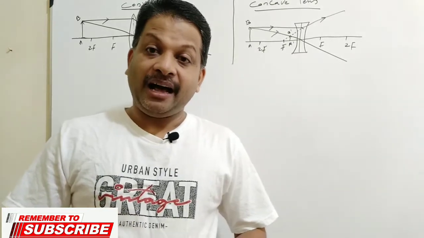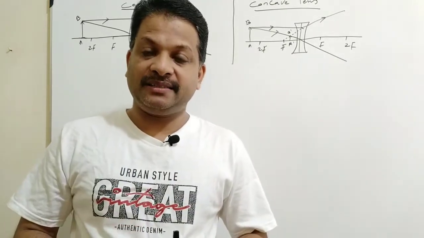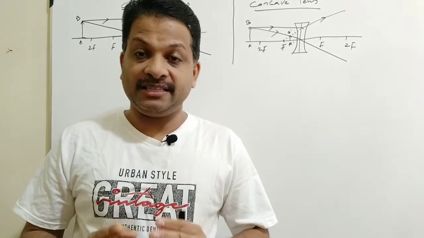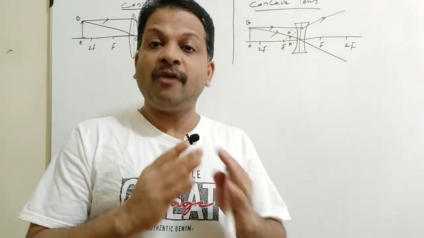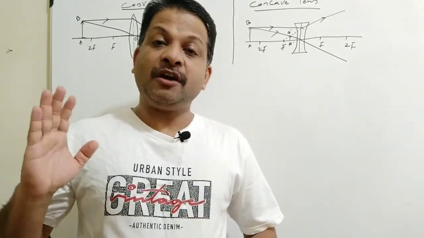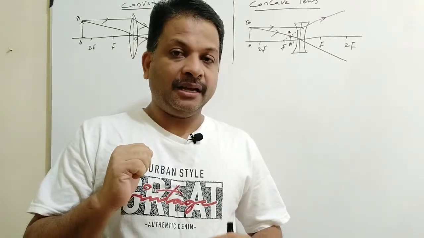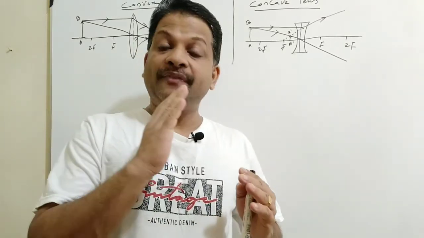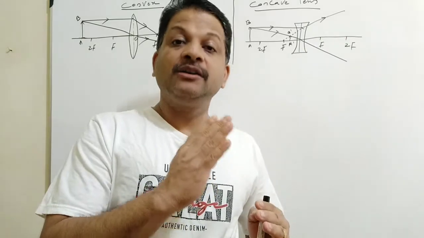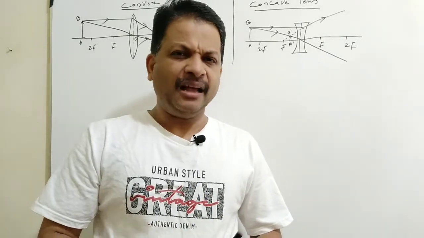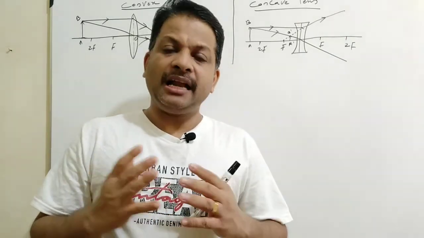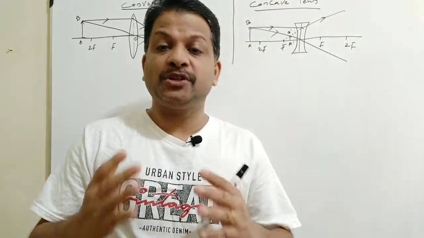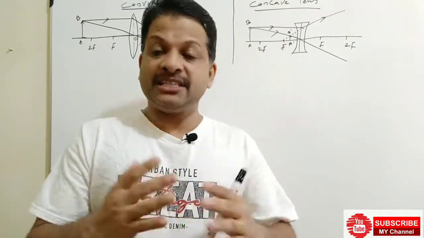You have seen how image formation takes place using a convex and concave lens with different positions of the object. As the position of the object changes, the position of the image and the nature of the image go on changing. Now, how can we locate the position of the image, or the image distance?